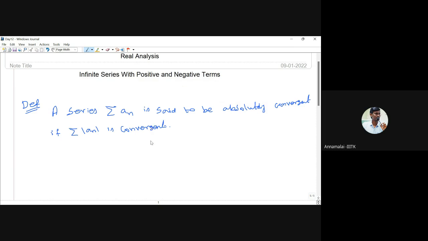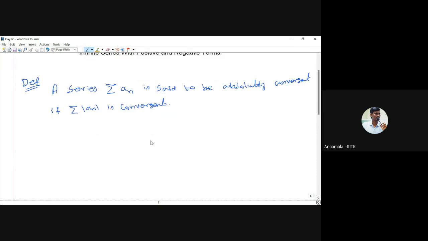Again, another definition: a series is said to be conditionally convergent if the given series is convergent, but if we take the modulus, it is divergent.